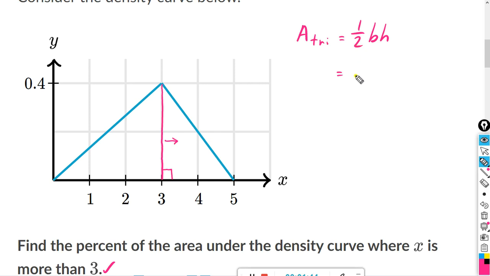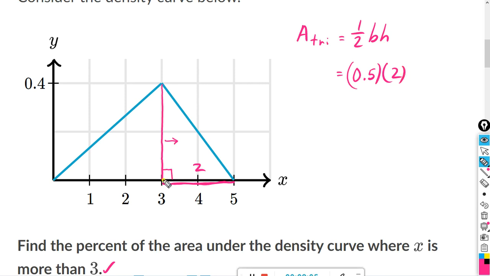So instead of 1/2, we can use 0.5, same thing. Okay, the base of this part of the triangle goes from 3 to 5. So 5 minus 3 is just 2, and the base B is 2.